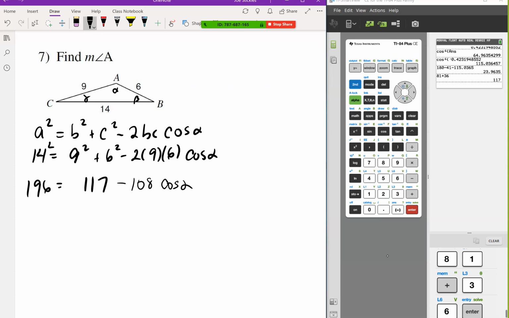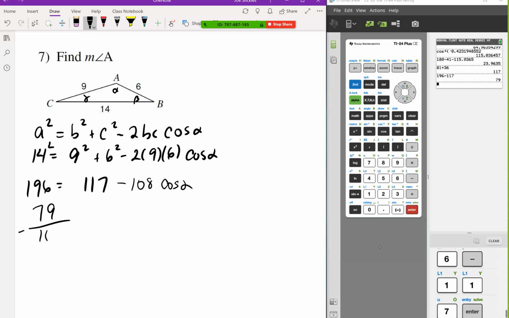We want to isolate the cosine alpha, so we will subtract the 117 over. So we do 196 minus the 117. You get the 79 over here.